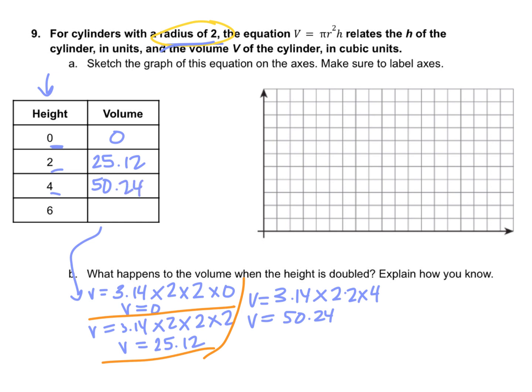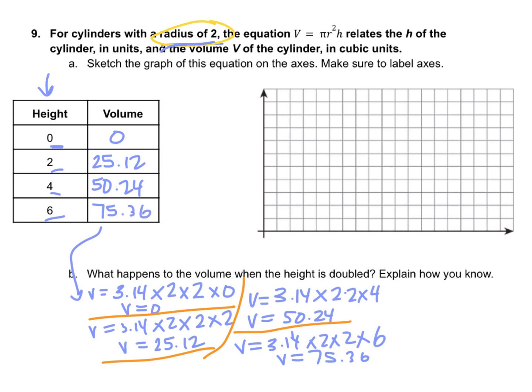And then finally, my height is 6. Okay, so keeping with the same radius of 2, but now my height is 6. I get 75.36. So it kind of seems like a pattern here.